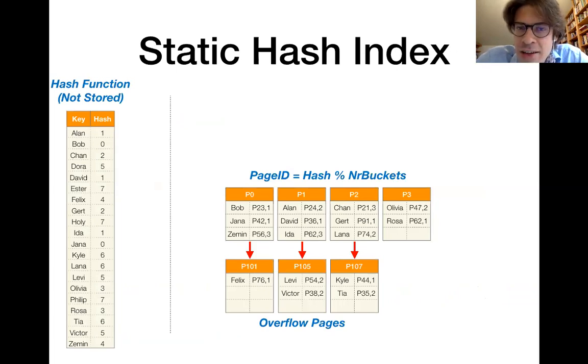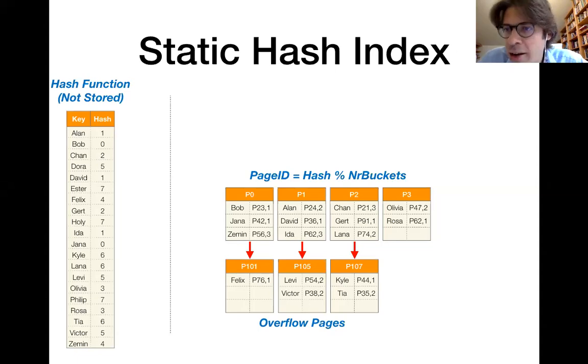Now, the second type of indexes that we have been looking at, those are hash indexes. And here, if you are looking, for instance, for a student with a specific name, then we would first of all evaluate a hash function on the name. And based on the value of that hash function, we would know which hash bucket is interesting. So we would use the index in order to retrieve the content of the hash bucket that is associated with the corresponding hash value.